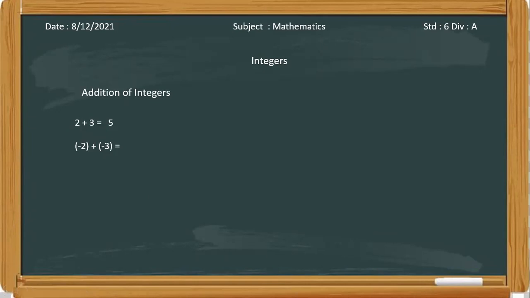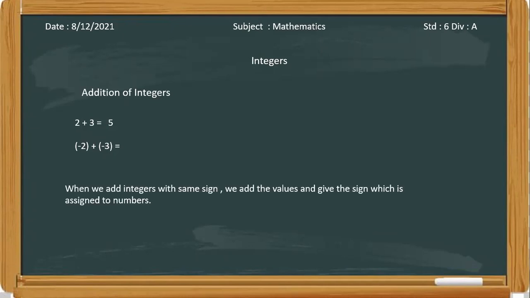There is a way to add positive integers or negative integers. The rule is, when we add integers with the same sign, see, these integers have the same sign, that is negative, and this one is positive, we add the values. When we want to add two negative numbers or two positive numbers, we just add them and assign the sign which is given to the numbers.